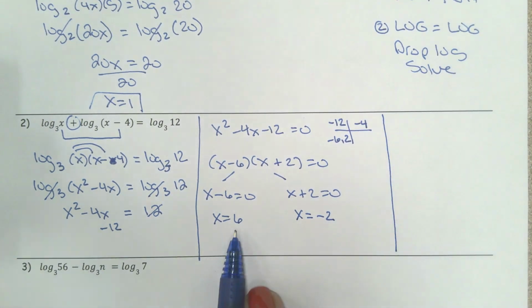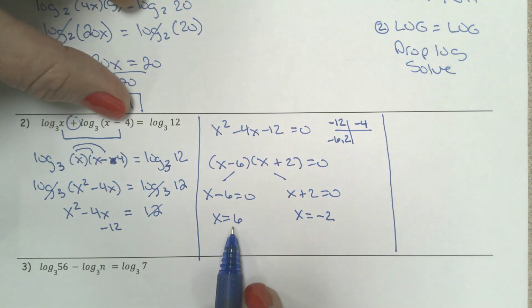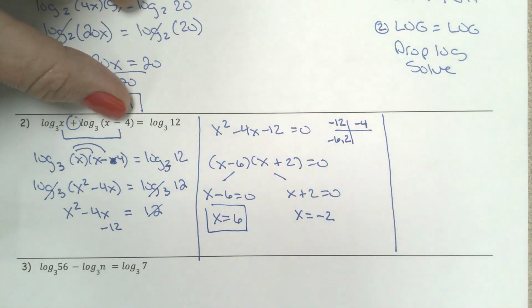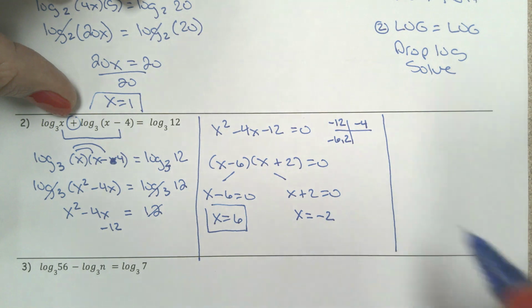Alright, so you can't take the log of a negative number. So if you look here in the original equation, if x is 6, then log base 3 of 6, that's fine. 6 minus 4 is 2, that's fine. So 6 is a good answer there. Now you look at the negative 2. Log base 3 of negative 2.